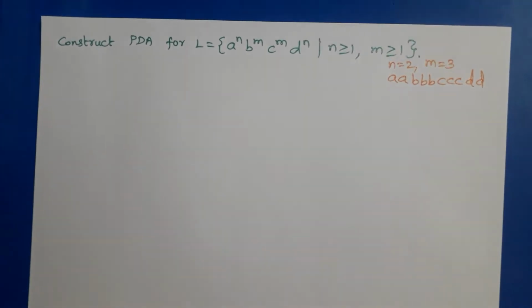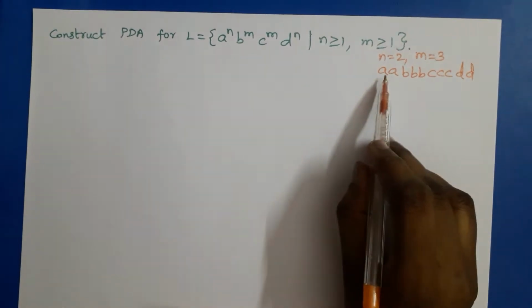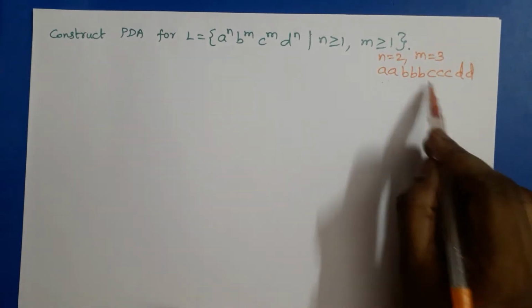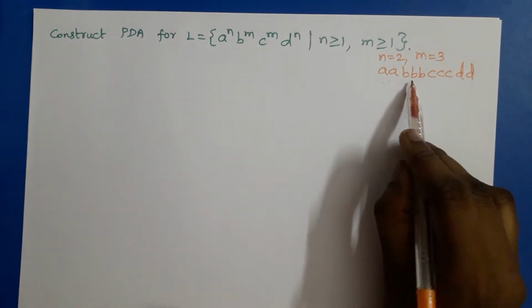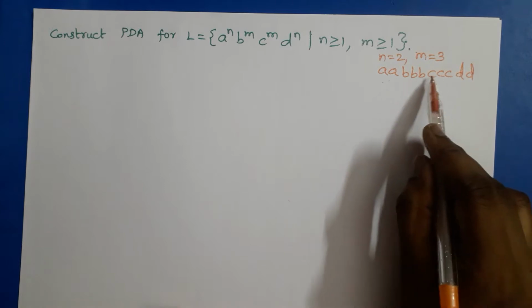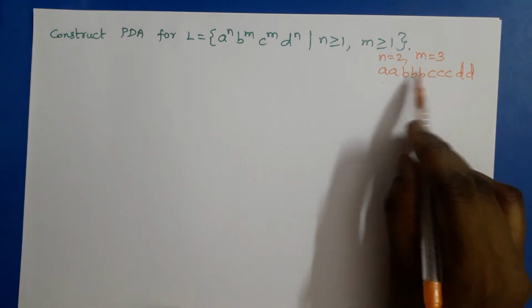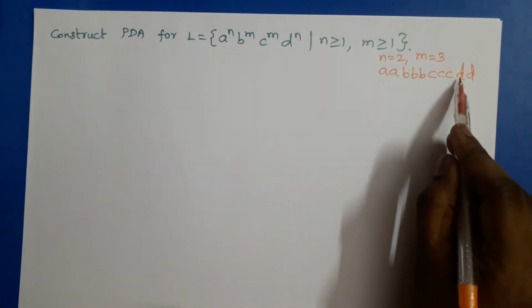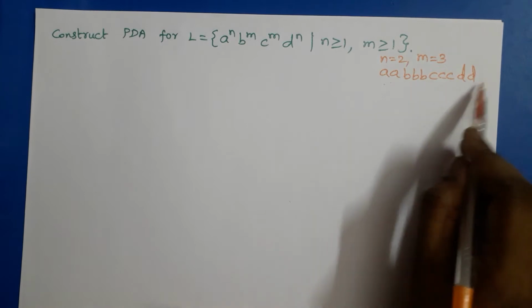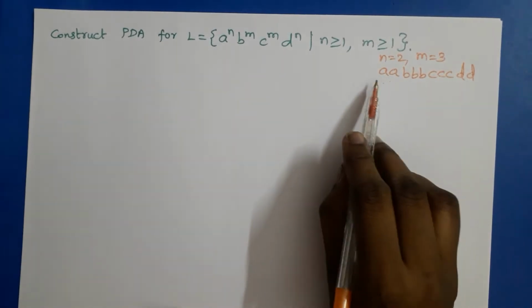So the concept is we can push the a's and b's onto the stack. Then c's must be matched with the b's, so for each c, we pop one b from the stack. After popping all b's, the next input symbol is d and the stack will contain the a's. So d's can be matched with a's now.